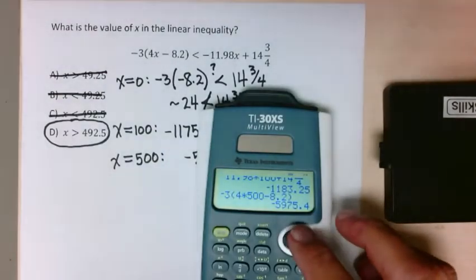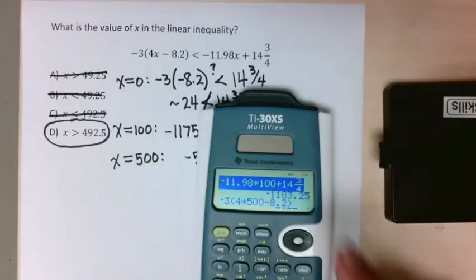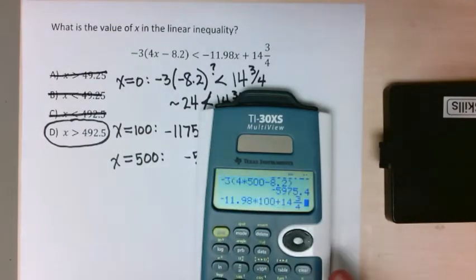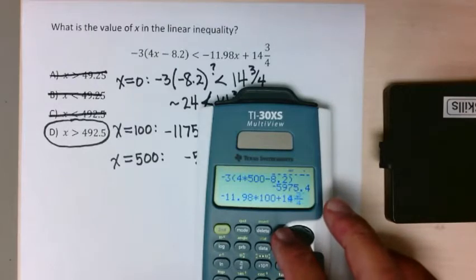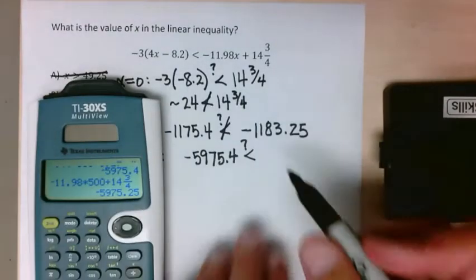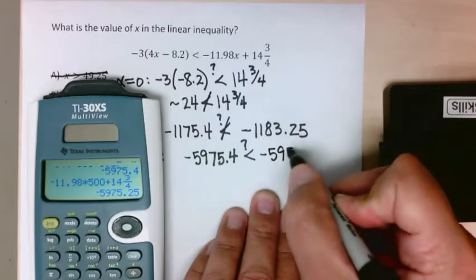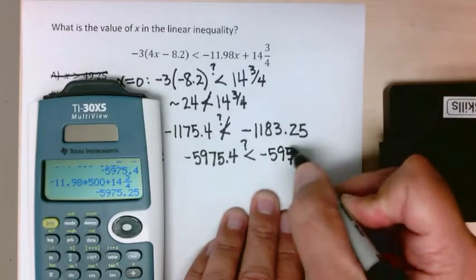And again, I'm asking the question, is that less than the right-hand side? And now I go up to the right-hand side of the inequality again where I had 100. I hit enter, it copies that down below, and I can now go over, change the 100 to a 500, and I get negative 5,975 and 75 2500ths.